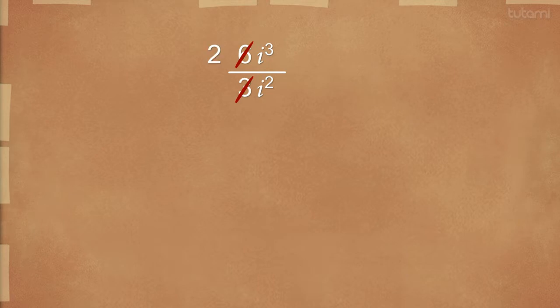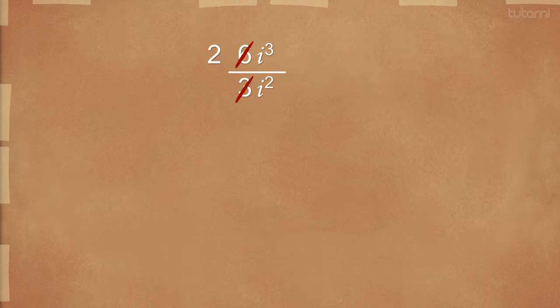Now, how about we try one for division now? So if we have 6i cubed divided by 3i squared, this one is actually pretty simple to solve. We divide 6 by 3 first to end up with 2, obviously.